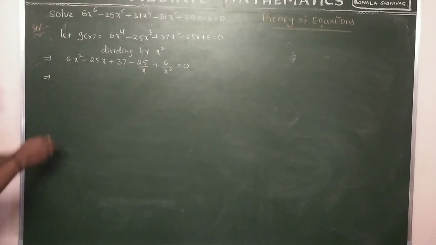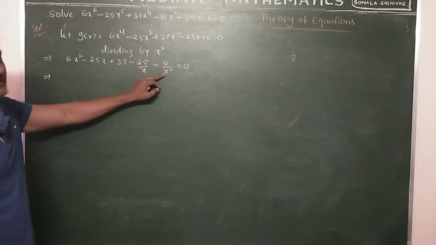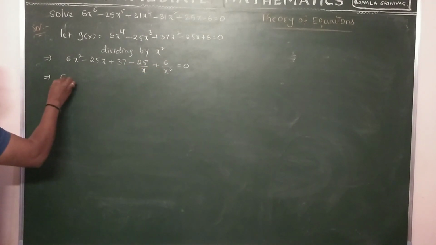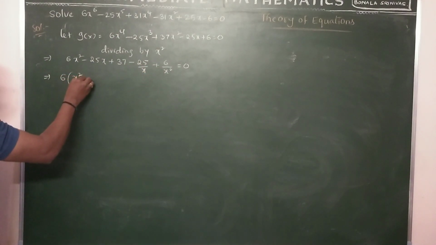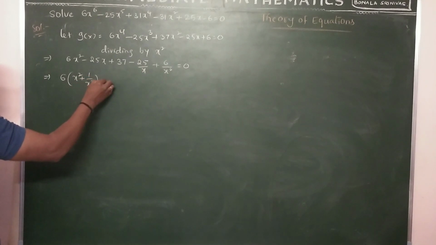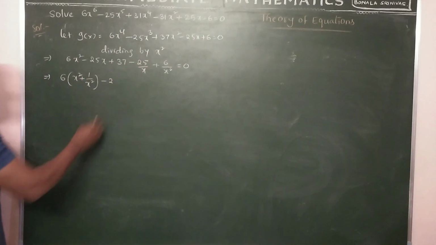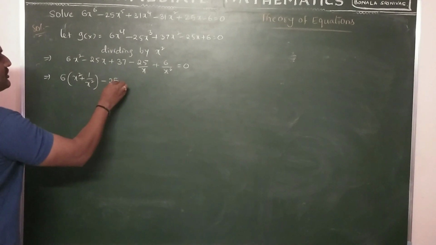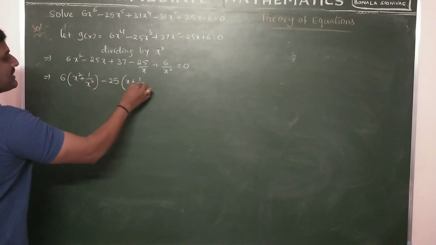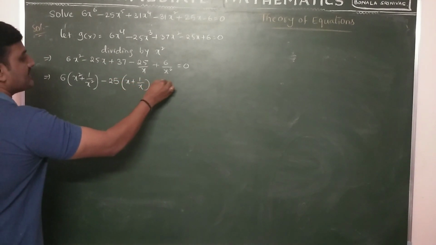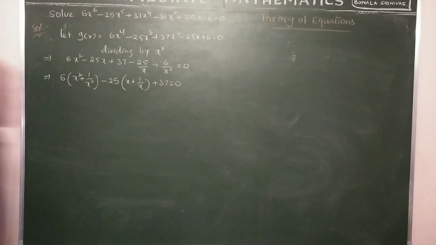Now we can observe the x square coefficient and the 1 by x square coefficient are equal. That's why 6 is common. Then 6 times x square plus 1 by x square minus 25x minus 25 by x. Again here also 25 is common, x plus 1 by x, and the remaining is 37 equals 0.